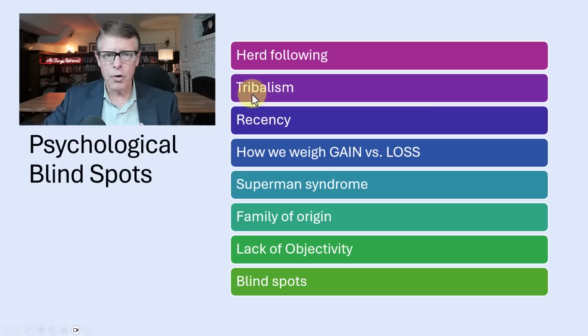So we've all heard many of these. I've covered some of these in past videos, but you've got herd following and following the lemmings, tribalism, recency, which is a really big one. If you've had some great performance in your portfolio the last few years, many investors have, it creates sometimes a false sense of security or expertise, maybe a lack of humility sometimes in terms of how much they actually know.